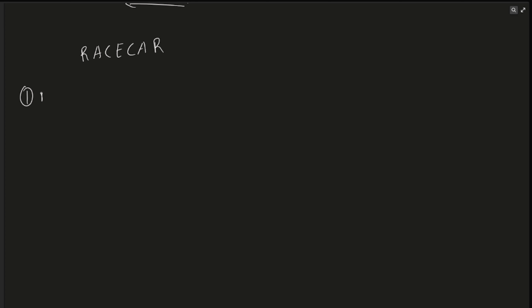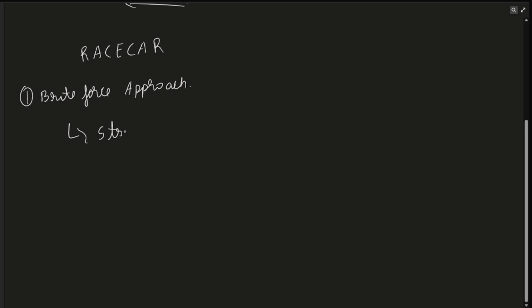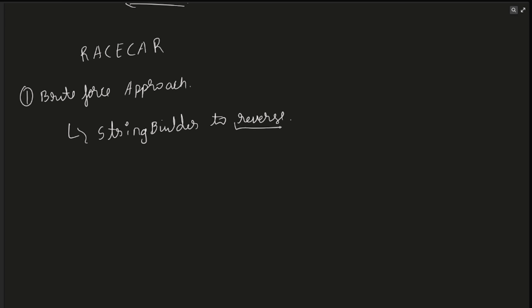The brute force approach, what we can do is, we can use a string builder class to reverse the given string and check whether the reversed string is equal to the input string or not.